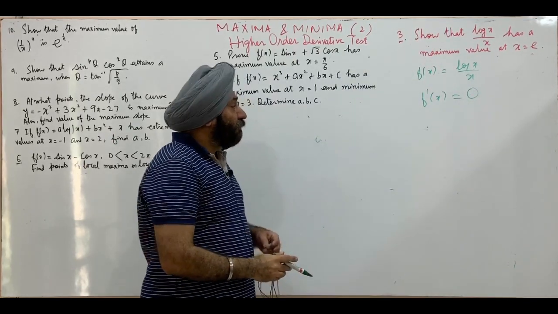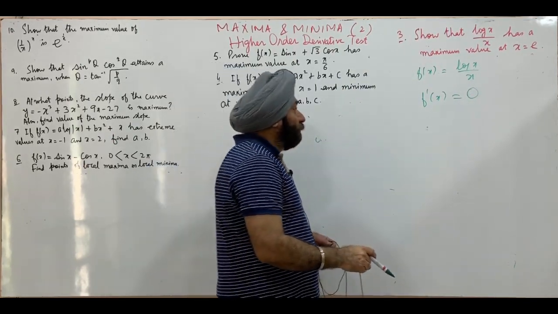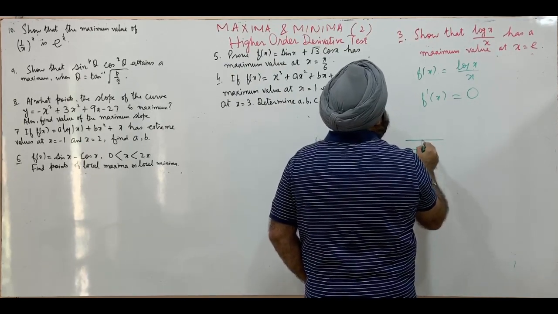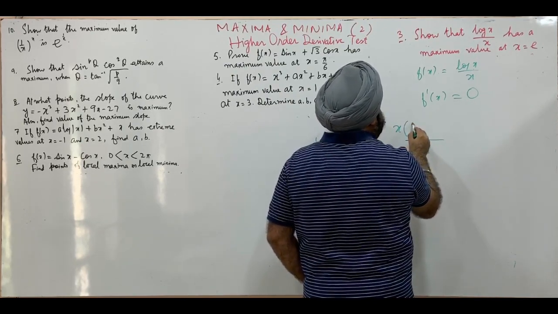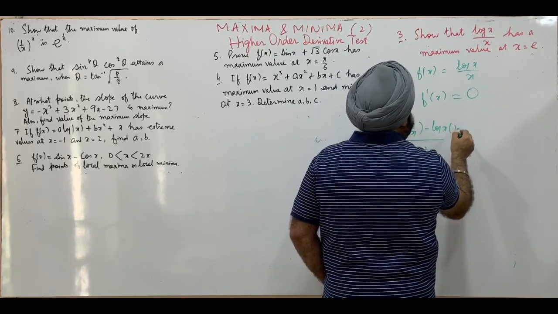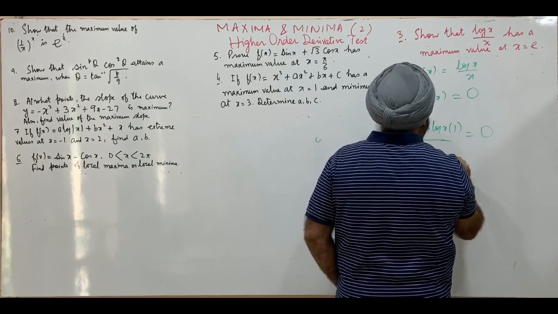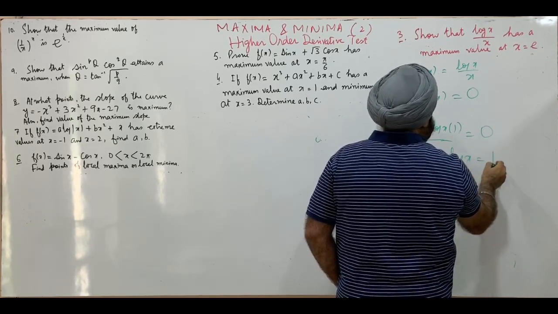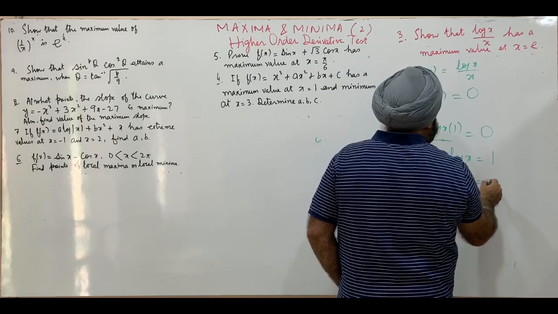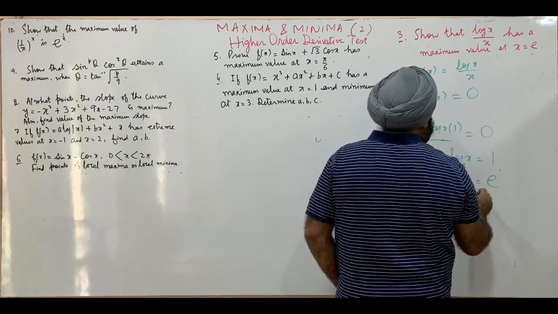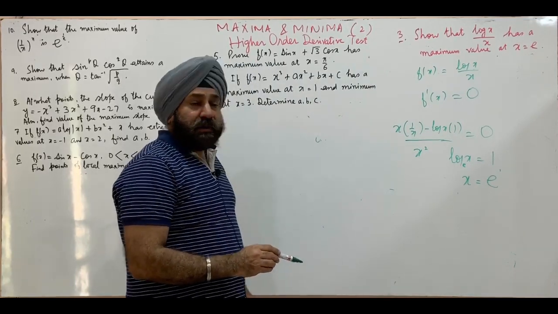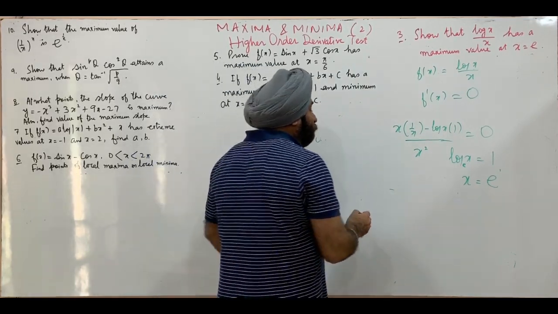This is the condition of local maximum, first order derivative equal to 0. So this means x square into the derivative of log x, and minus log of x into the derivative of x, which is 1. This is 0. This means log of x is 1, and this means x is e raised to power 1, or x is e. This is the critical point.